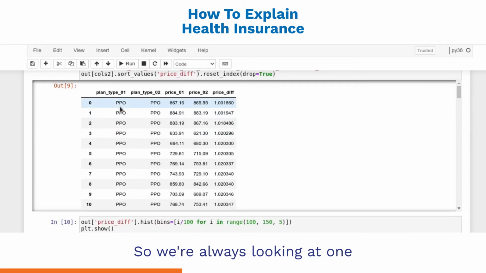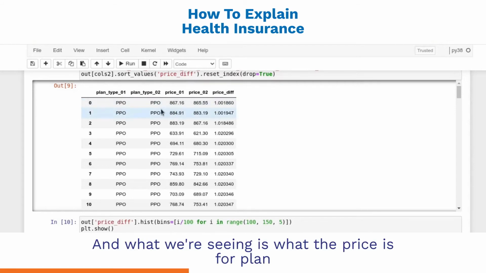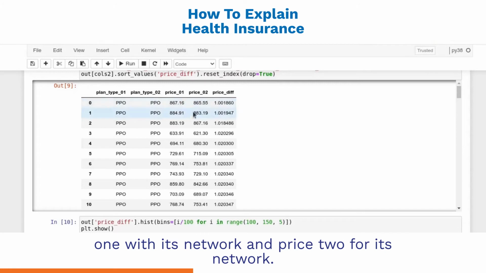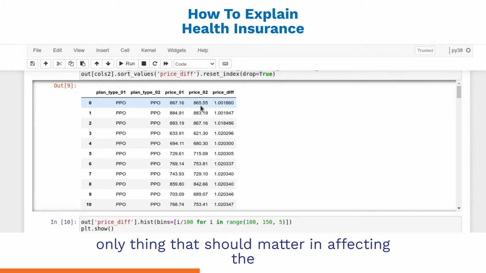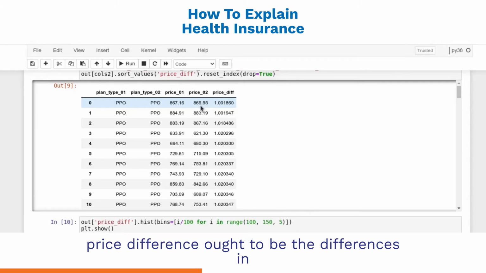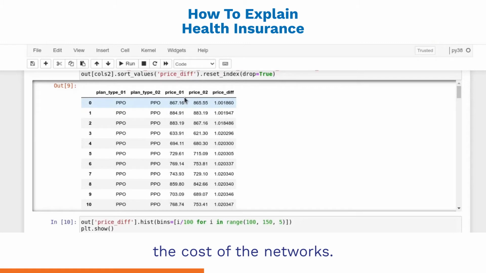So we're always looking at one plan, 2 networks on this table, and what we're seeing is what the price is for Plan 1 with its network and Price 2 for its network. And presumably the only thing that should matter in affecting the price difference ought to be the differences in the costs of the networks.